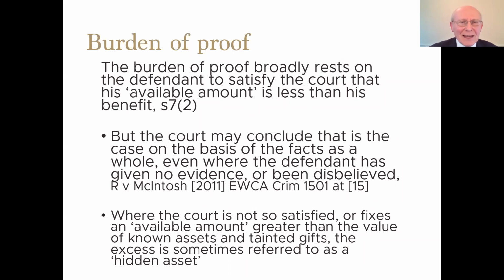The court can then fix an available amount of known assets and tainted gifts, which is more than my known assets that I'm admitting to. And for convenience, we refer to the excess, to the difference, as a hidden asset. But it's not meaning that the court has identified a specific asset which is hidden necessarily. It's simply that the court is fixing my available amount at a figure higher than the assets that I am admitting to.